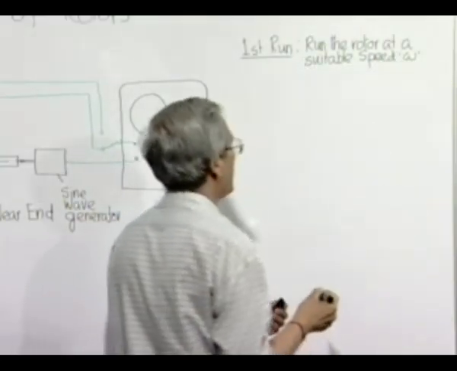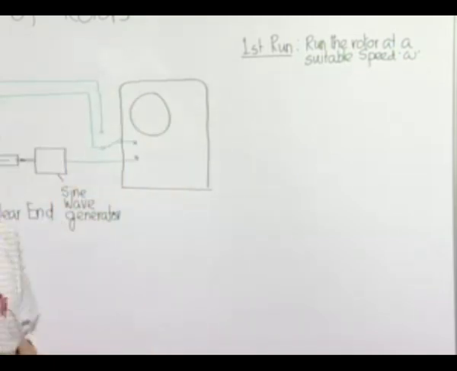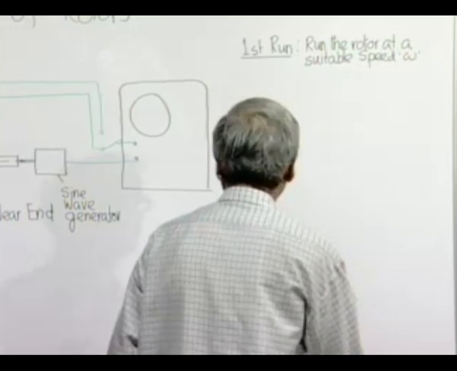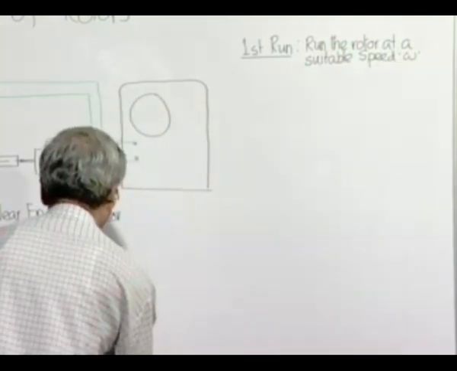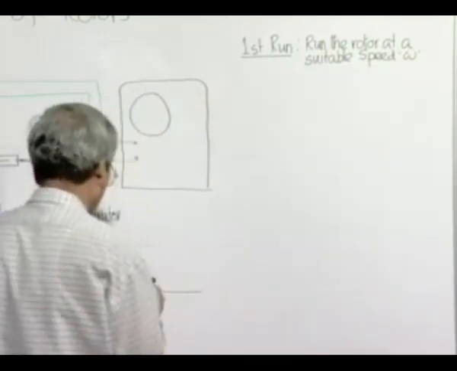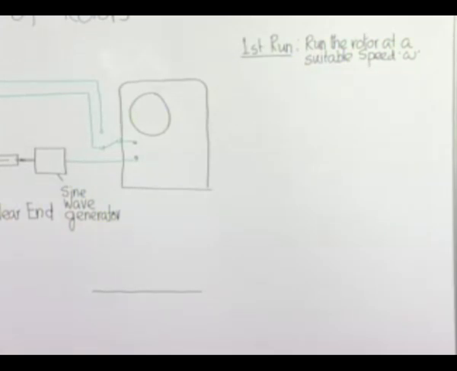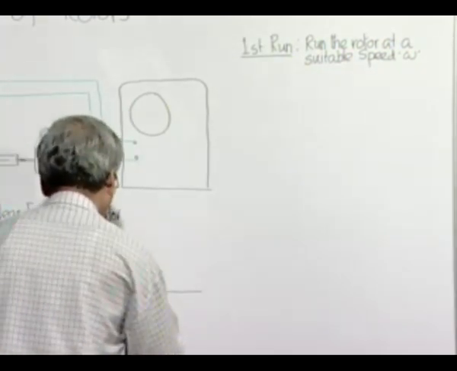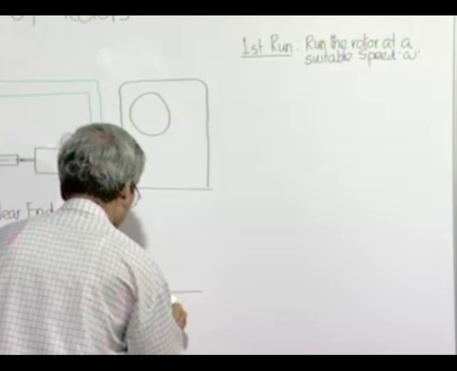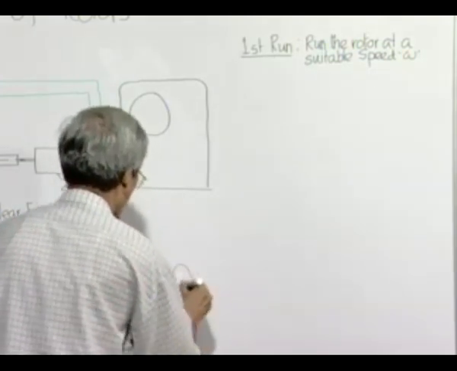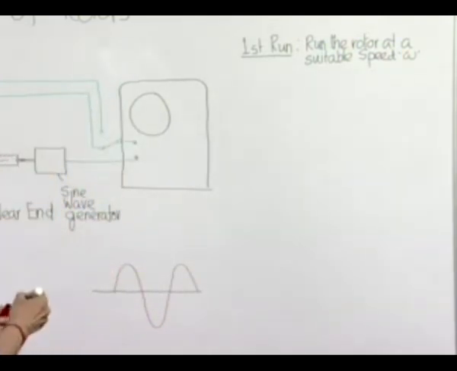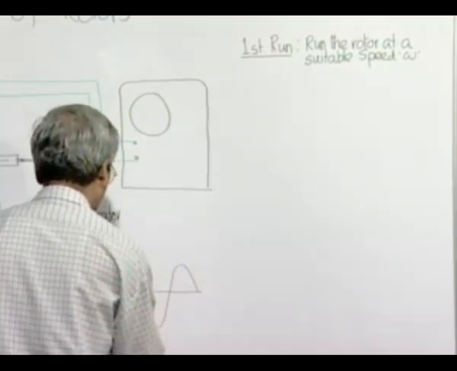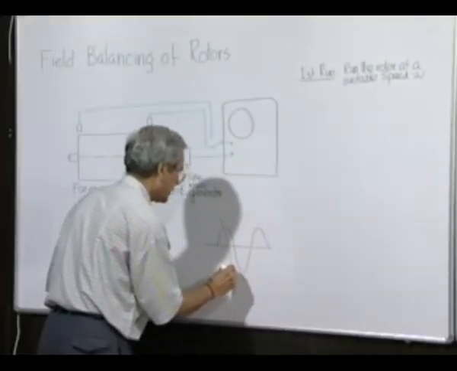Then, as we know already, the oscilloscope output will be giving a reference sine wave, and the other one, say near end, will be something like this.